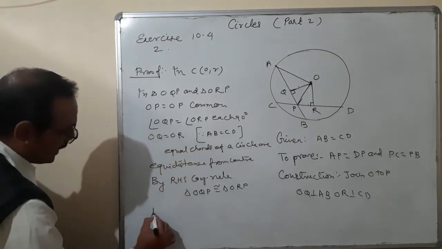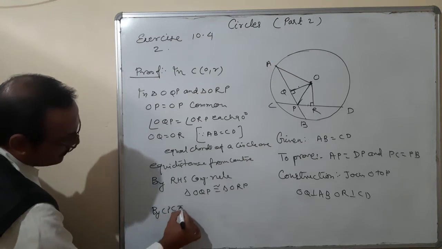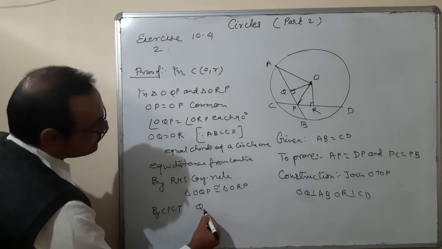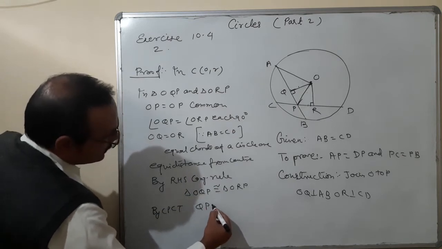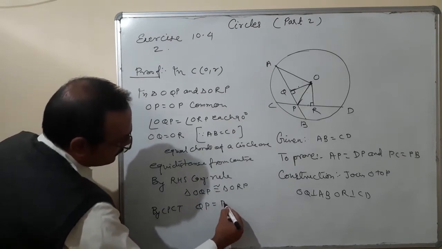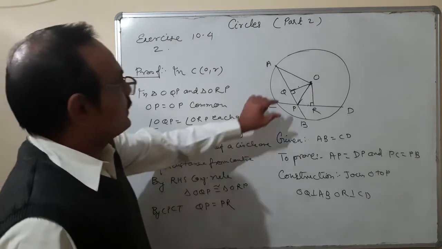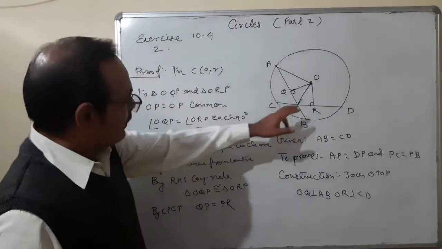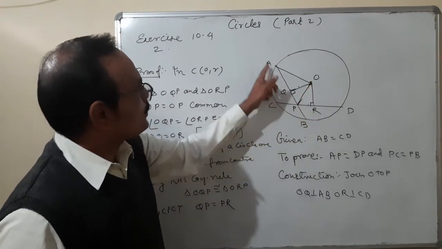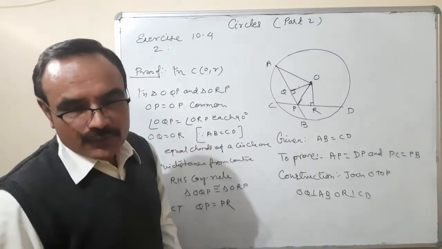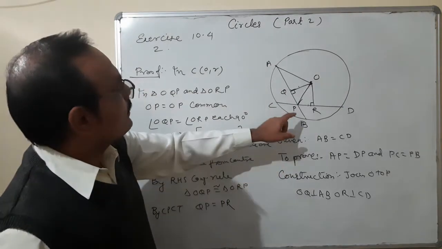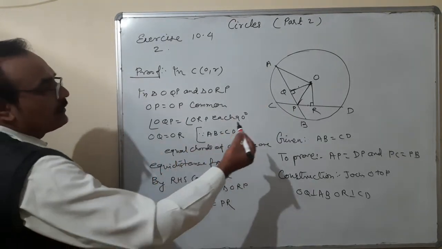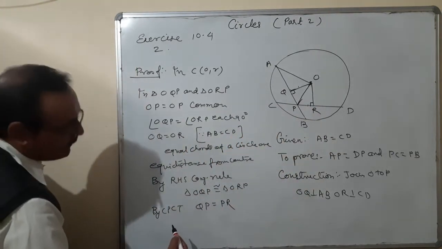Therefore, by CPCT, corresponding parts of congruent triangles, QP is equal to PR. So clear? After that, since OQ is perpendicular to AB, the perpendicular from the center to a chord bisects the chord. That means AB is equal to 2 of AQ.